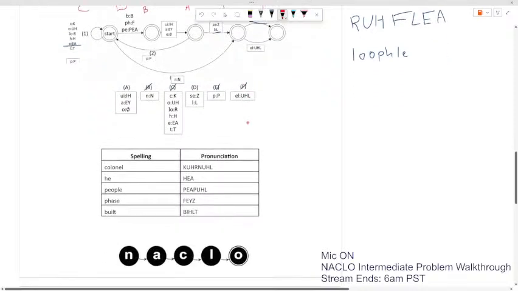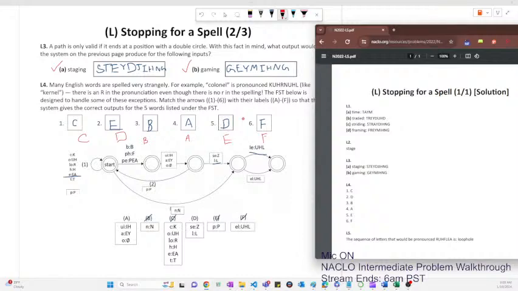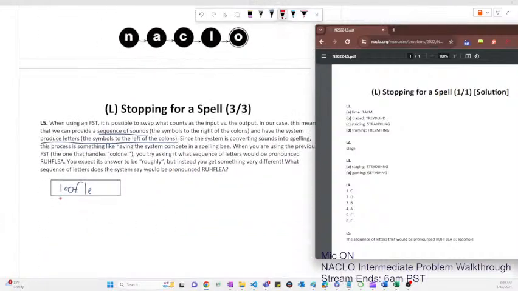Interesting. Still not sure why that's wrong. And then that gave me loofle instead of loophole.